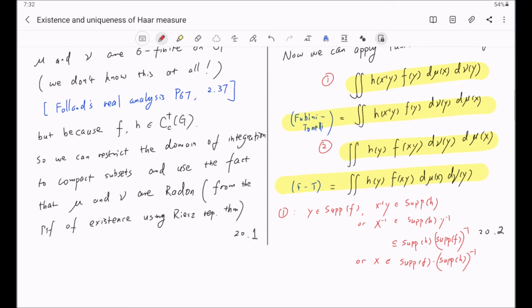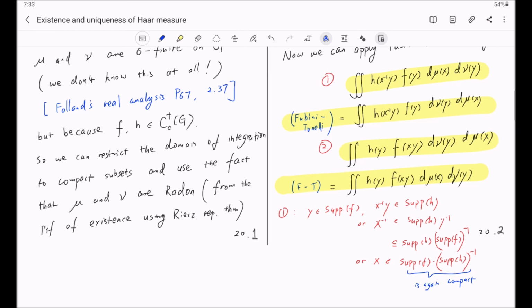But anyways, this part is again compact. Because the inverse of a compact set in the topological group is again compact, and so is the product of two compact sets, because the inverse map and the product map are both continuous, and the image of compact sets under continuous maps are again compact. So this guy is compact.